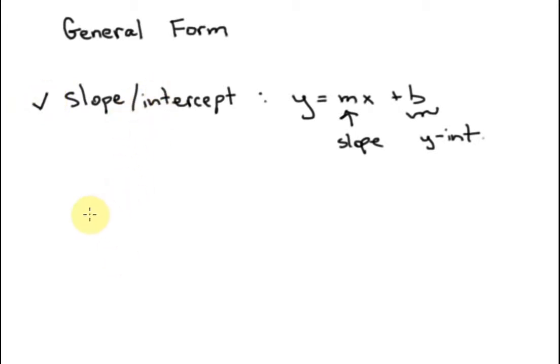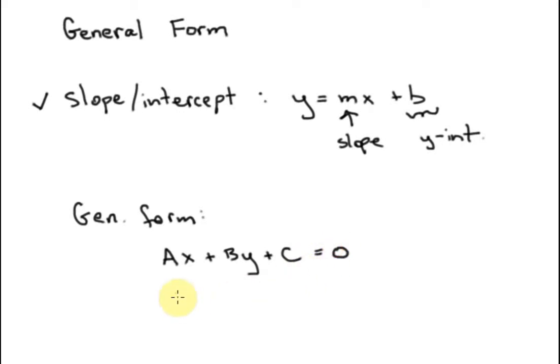What is general form? Well, general form looks like this. It's not quite as useful. You have some number times x, then plus or minus some number times y, and then plus or minus some number, and the whole thing equals 0.